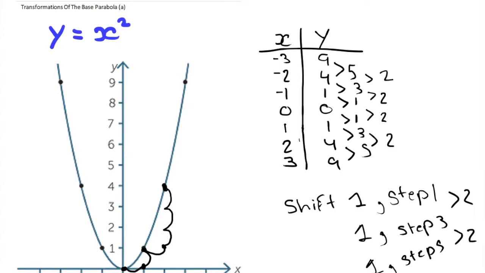Now you have to shift 1, and you have to step 5. 1, 2, 3, 4, and 5. And that's how you make the points on the base parabola. After you have the points, all you have to do is draw a smooth line that connects all of the points to make your parabola. So that is basically the shift step of the base parabola.